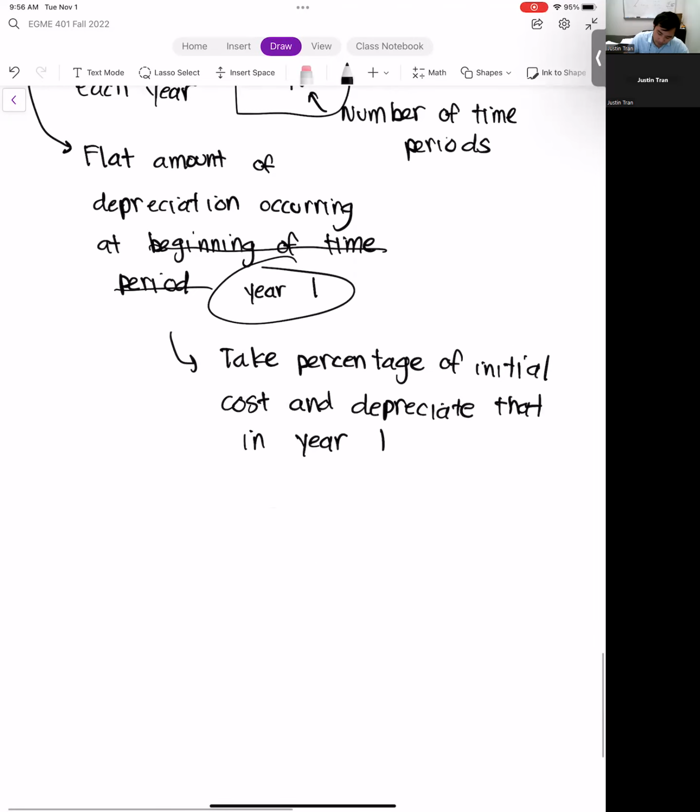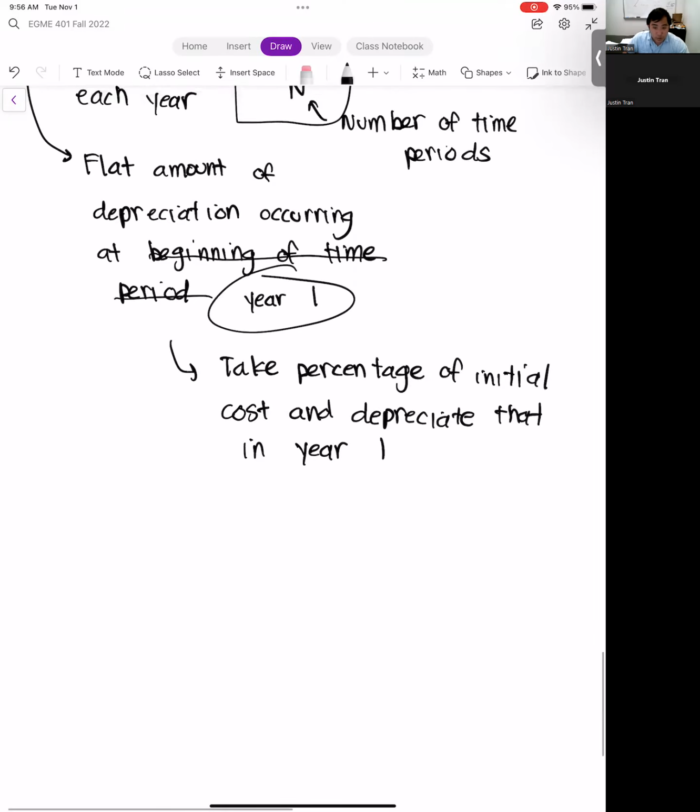All right, and here's the kicker. Where these things get a little bit complicated is when you combine these depreciation schemes. We'll often combine both straight line and bonus depreciation.